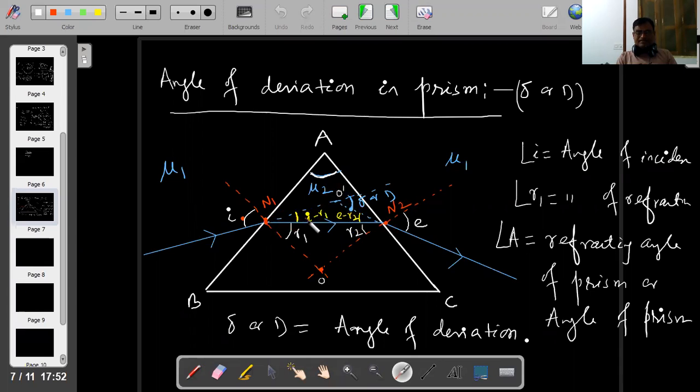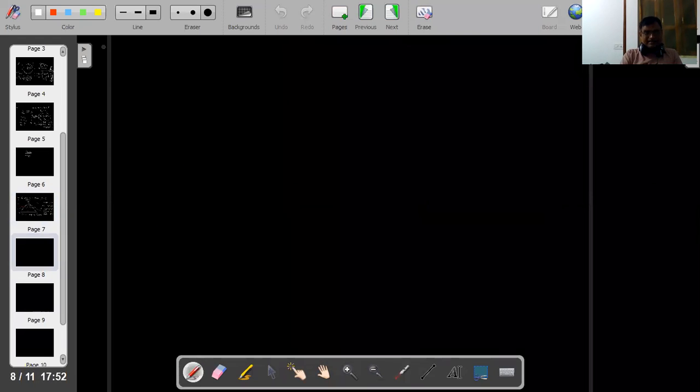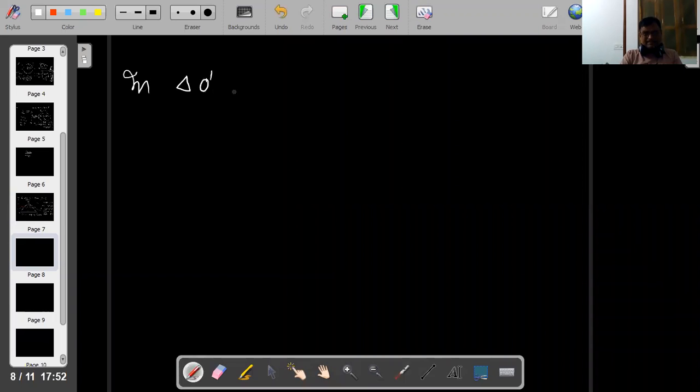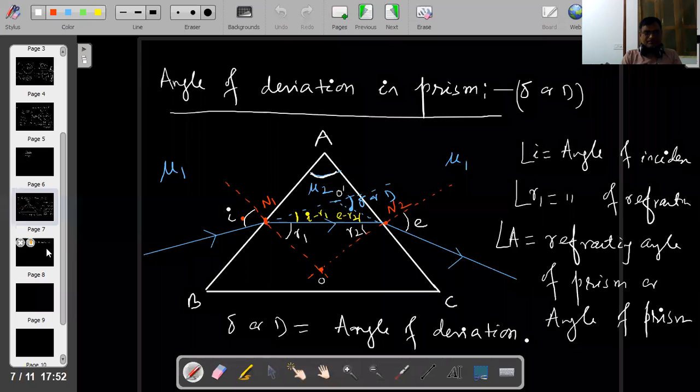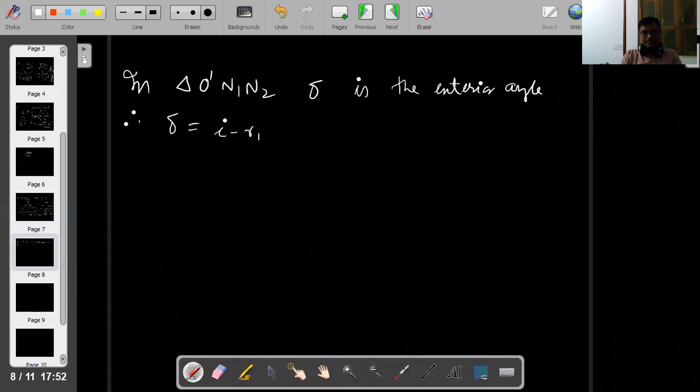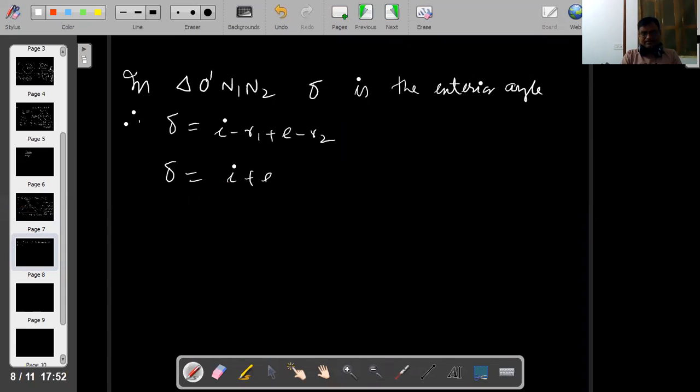Therefore, delta is equal to the sum of the two interior opposite angles: I minus R1 plus E minus R2. So delta is equal to I plus E minus (R1 plus R2).